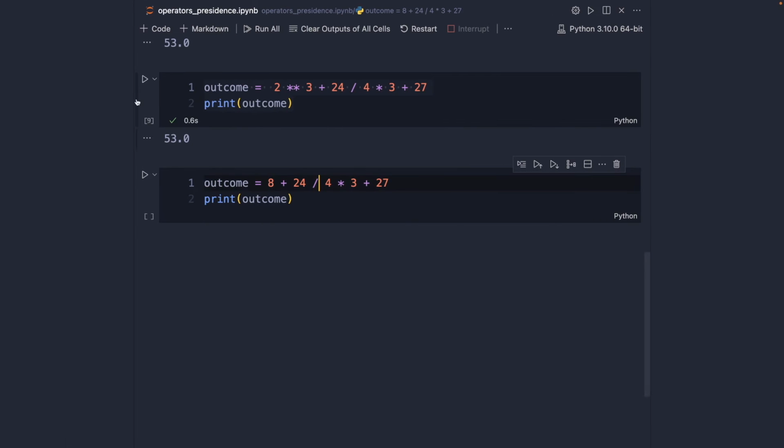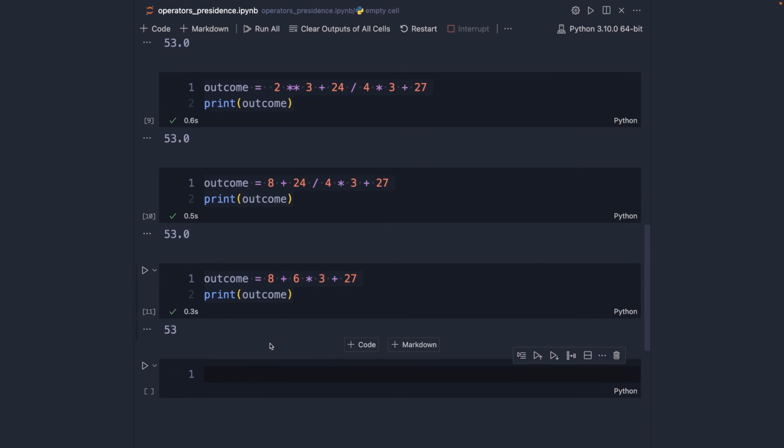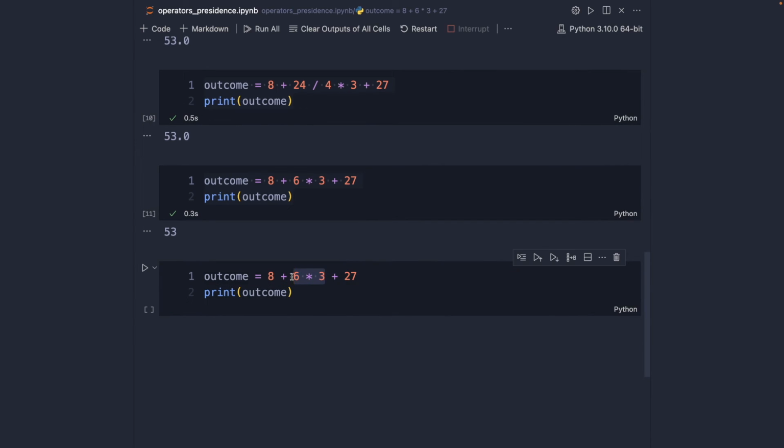So this part will be evaluated first and then this part. So let's evaluate this. 24 divided by 4 will be evaluated to 6. Now out of all of these operators, the highest precedence goes to the multiplication operator. So this will be evaluated into 18.